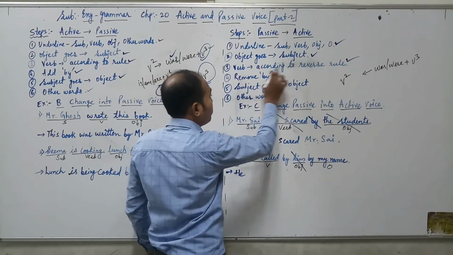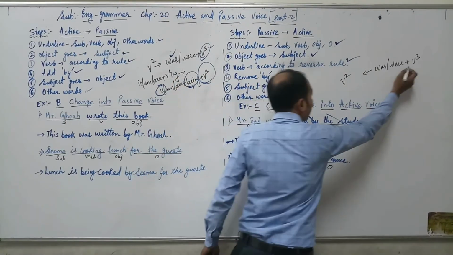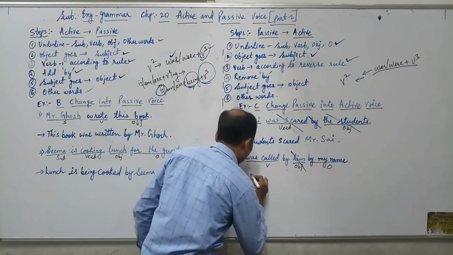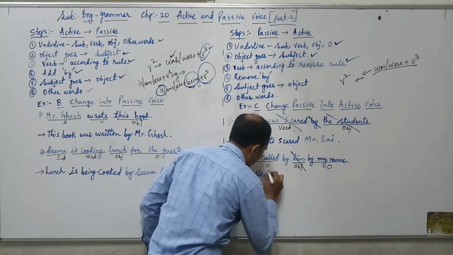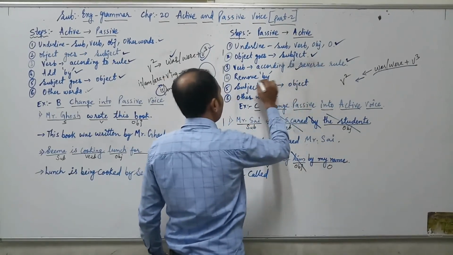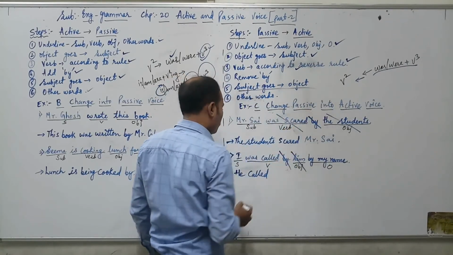Then write down the verb in reverse rule. Was called. Was plus V3, as seen before, is changed into the second form of the verb. That is called. After writing the verb, remove by. By is removed. Subject goes to the place of object.